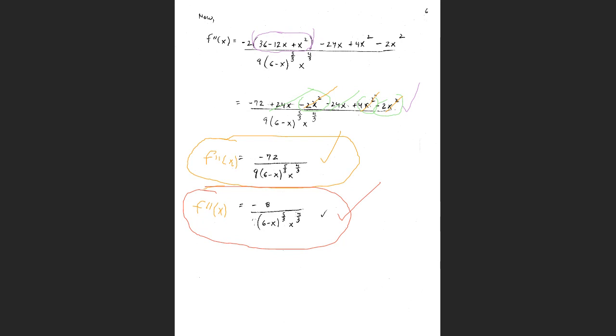They just state it, because they want to save paper and figure the students can work out that second derivative. But I thought it was a nice thing to show you how they got that second derivative.